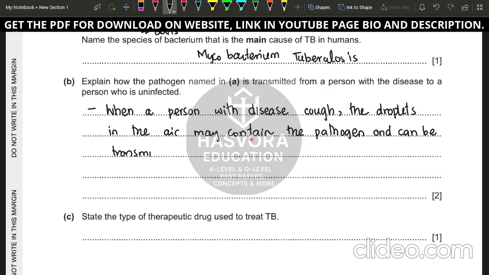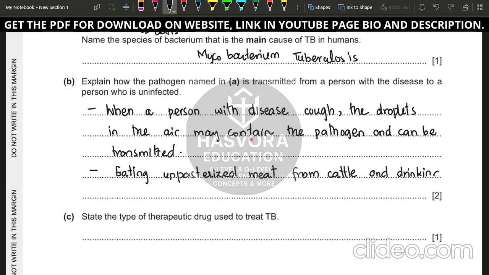Okay, and the second one is eating unpasteurized meat from cattle and drinking unpasteurized milk. Okay, so these are your 2 reasons.